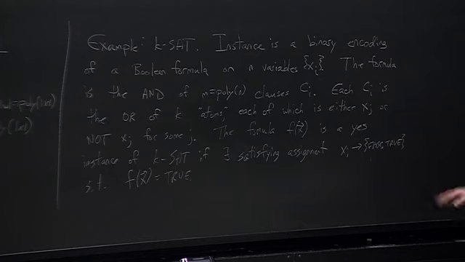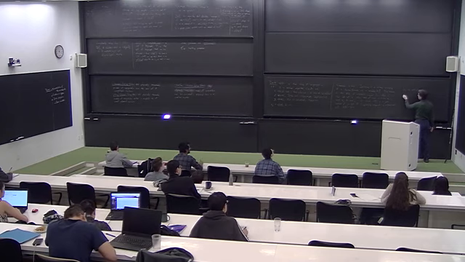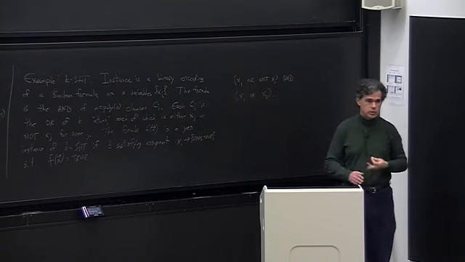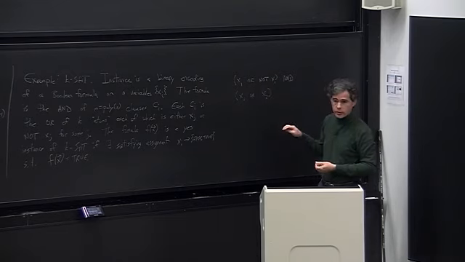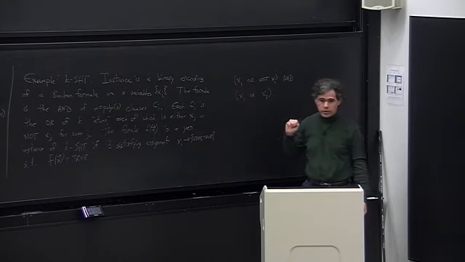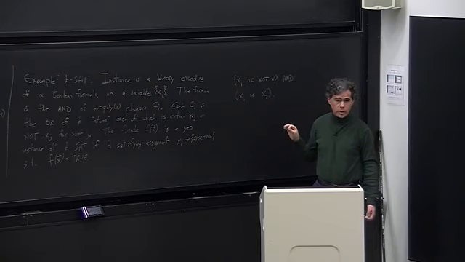OK, so let me give you a concrete example. Here's a very simple one. We're just going to have two variables, and let's do 2SAT. So we're going to have (x1 or not x1) and (x1 or x2). This is our first clause, this is our second clause. So is this formula in 2SAT or not?